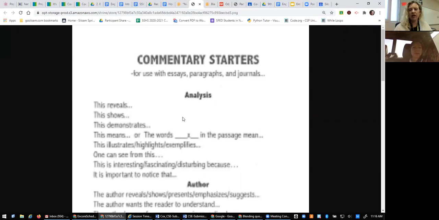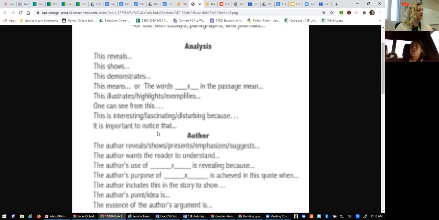And what that means is when you are giving your explanation, you know how we use the pie chart? So we have that pie paragraph template, Ureli. When you have your explanations, you use them after you give your informational quote. So you're using this to say, okay, this reveals, or this shows, or one can see from this quote, or something like that.